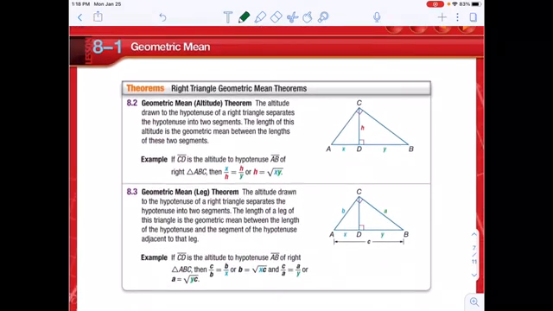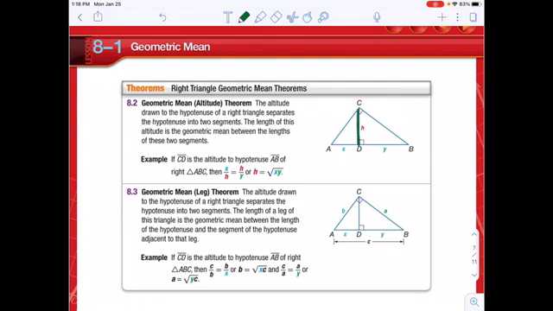So we can use a geometric mean. So right triangle geometric mean theorems. The geometric mean altitude theorem states the altitude drawn to the hypotenuse of a right triangle separates the hypotenuse into two segments. The length of the altitude is the geometric mean between the lengths of these two segments. So we have an altitude dropping down in a right angle.